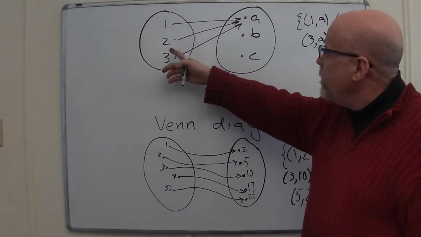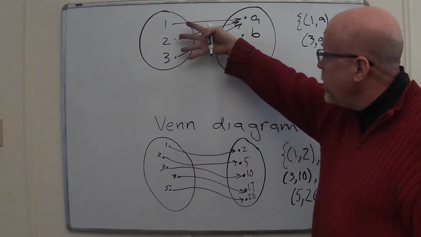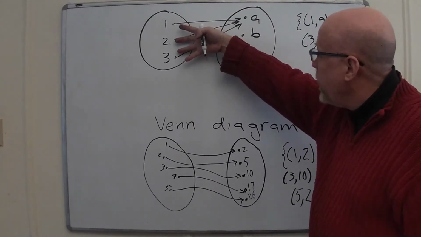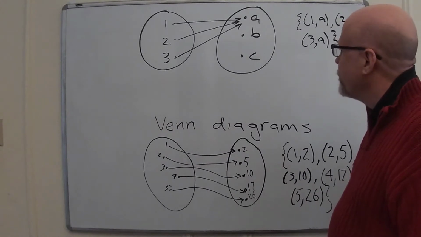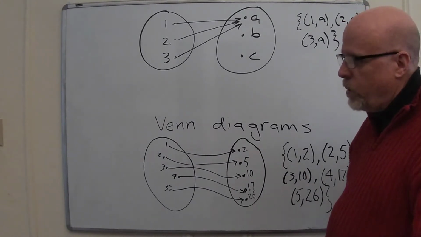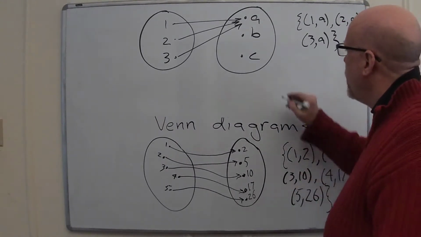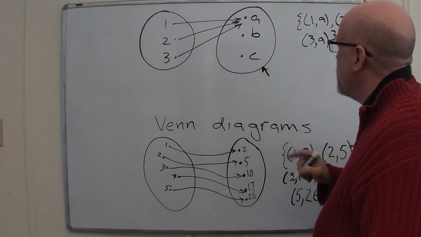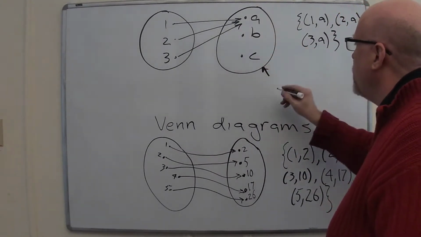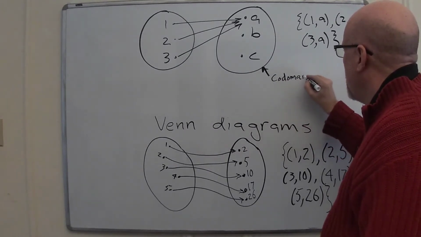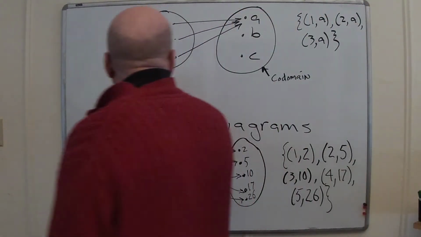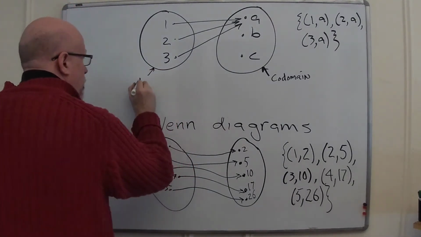You can have a sniper diagram like this, where each element in the domain goes to just one element in the range. Okay, I'm using the words now. I better say what they are. This thing, the set of possible outputs, that's your codomain. This thing over here, the set of inputs, that's your domain.